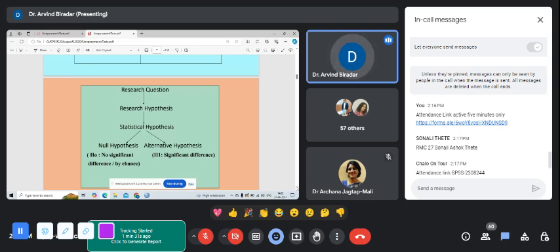So this is a procedure. There is no shortcut route. There is no manipulation. That is why each and everyone believes in statistics. If your result is statistically significant, there is no question of doubt on your result, your work, because we cross all these steps.